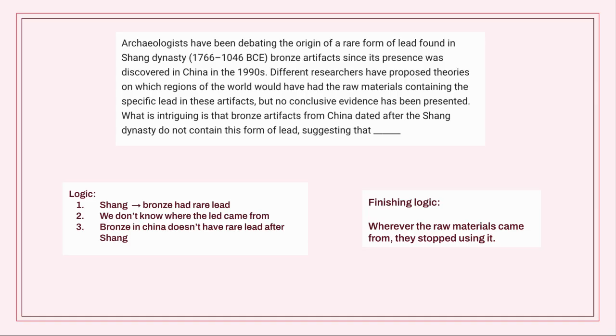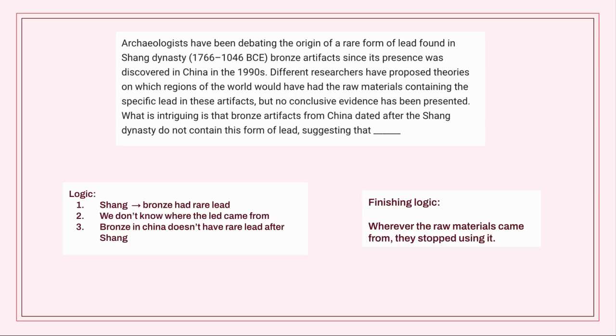And this might seem simple because, yeah, duh, the bronze doesn't have the lead anymore, so they stopped using those same raw materials. That's kind of obvious, but we really don't have any more information here. We don't know if it's because they lost access to it because it was from another country. Maybe it was from their own country. Maybe they just found another way to extract the bronze from the raw materials.